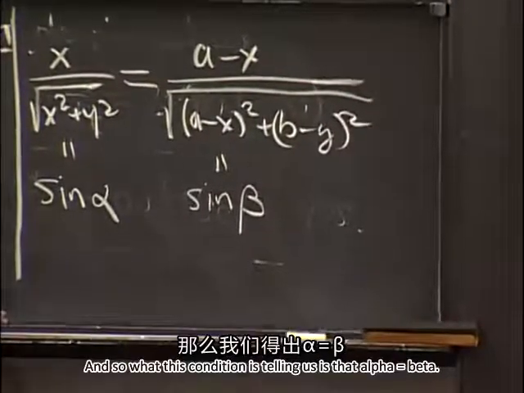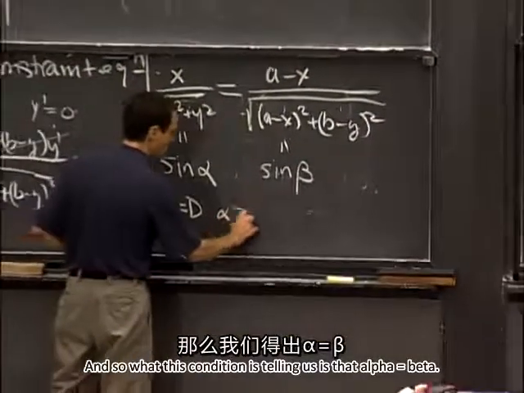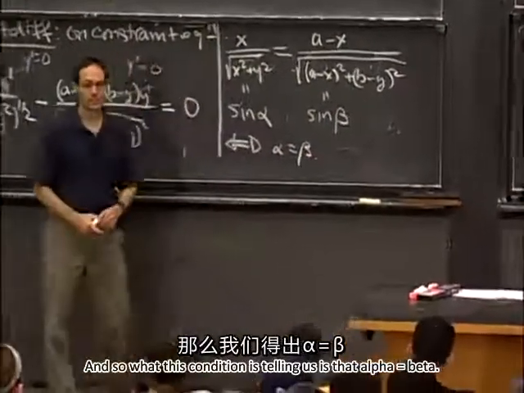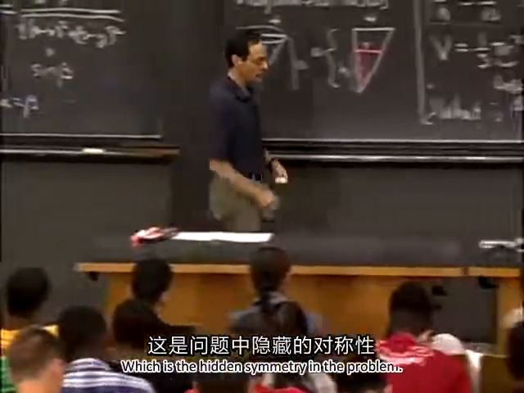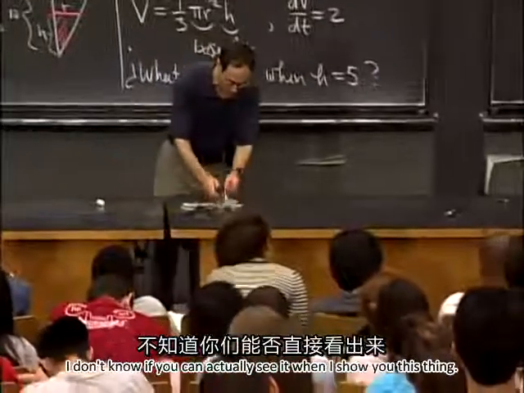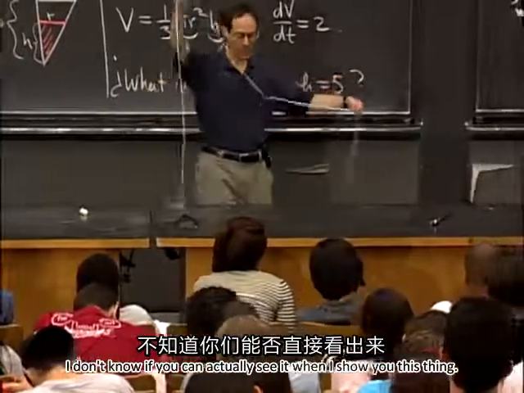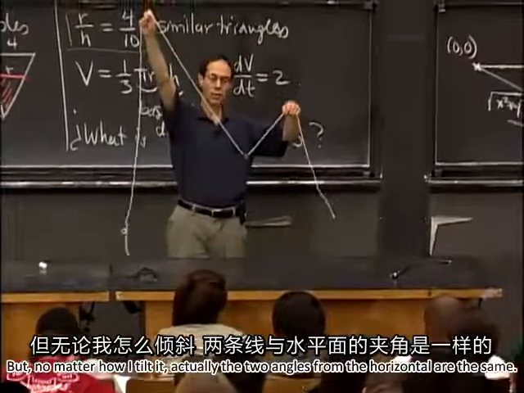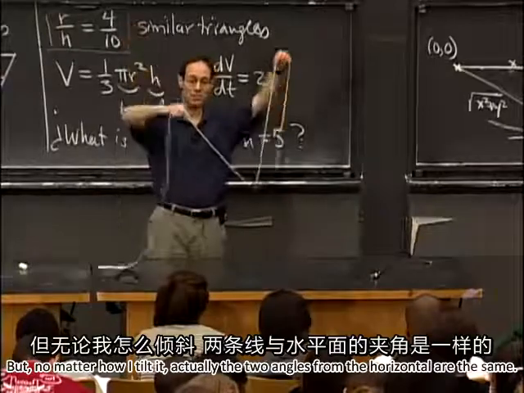And so what this condition is telling us is that alpha is equal to beta, which is the hidden symmetry in the problem. I don't know if you can actually see it when I show you this thing, but no matter how I tilt it, the two angles from the horizontal are the same.